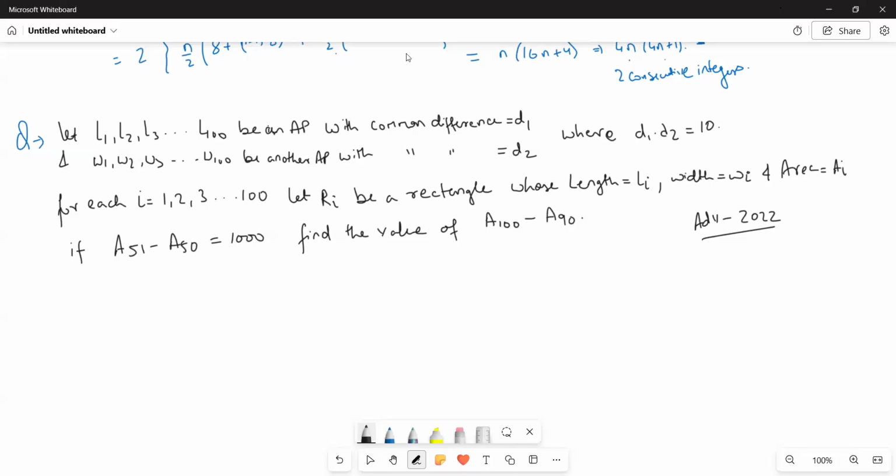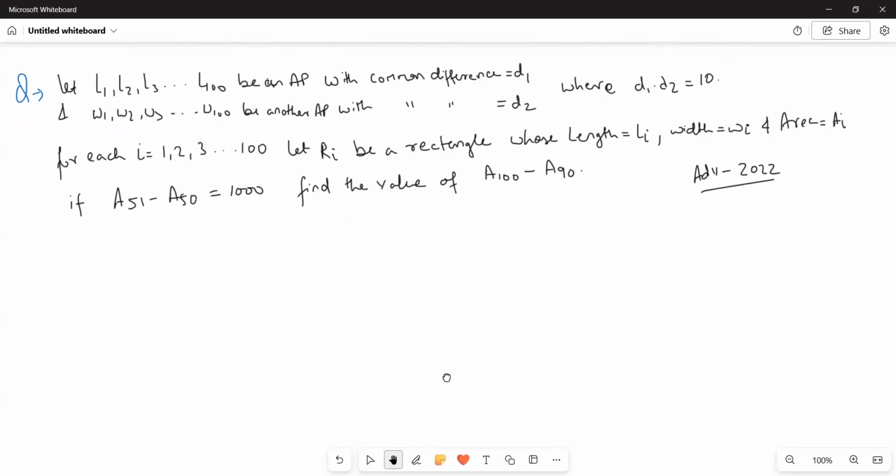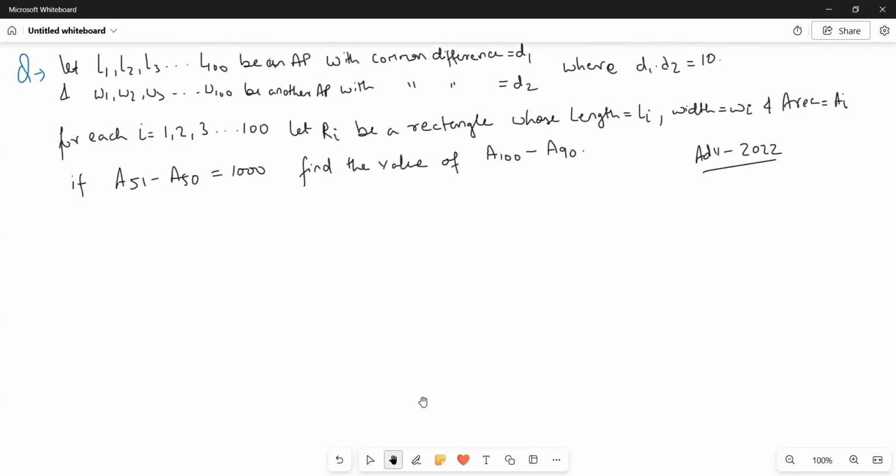If you look at the question, it looks like a difficult question because of the amount of information provided and the size of the question. But when you start working it out and look at the fundamentals, what you actually need to focus on, it boils down to quite a simple question. It's just a small bit of regular calculation.